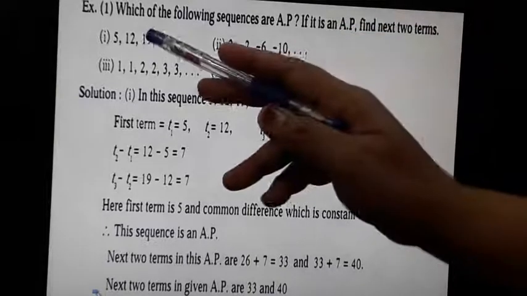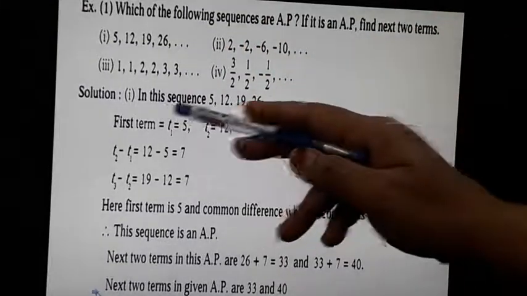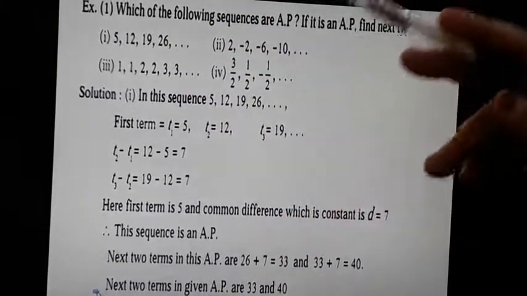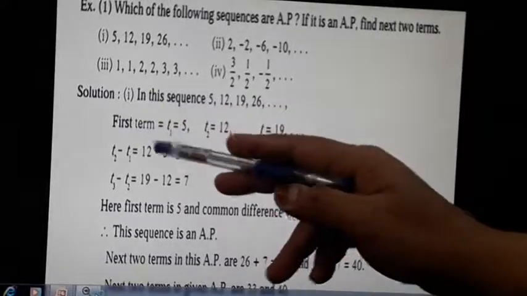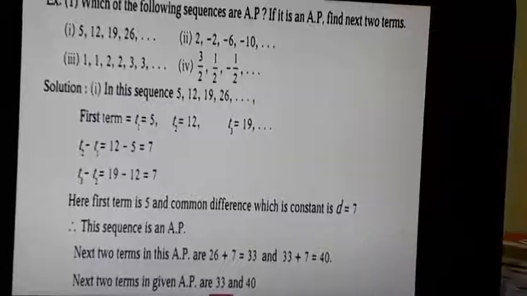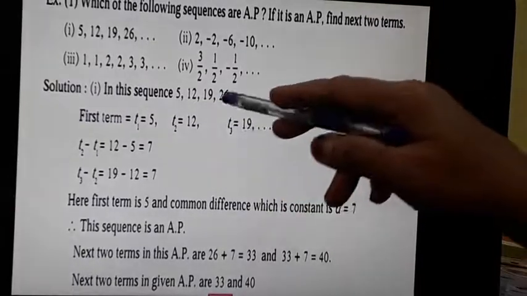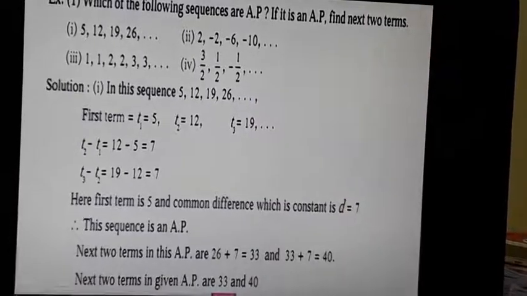I'll take one example here, your first example, 5, 12, 19, 26 and so on. Your first term T1 is 5, second T2 is 12, T3 is 19, T4 is 26 and so on.